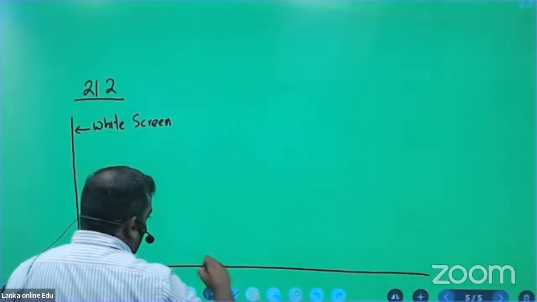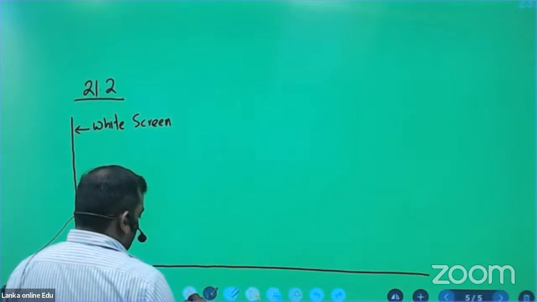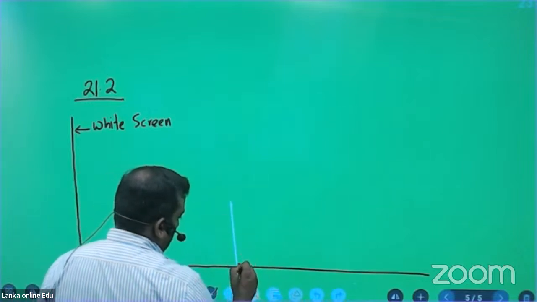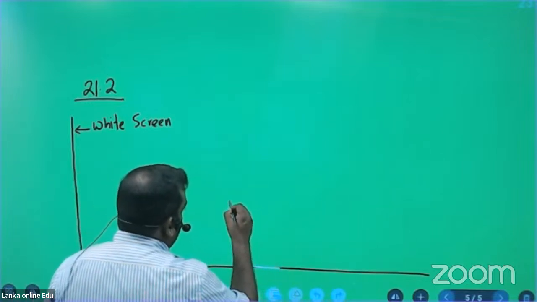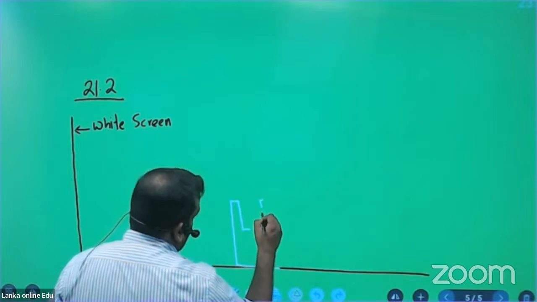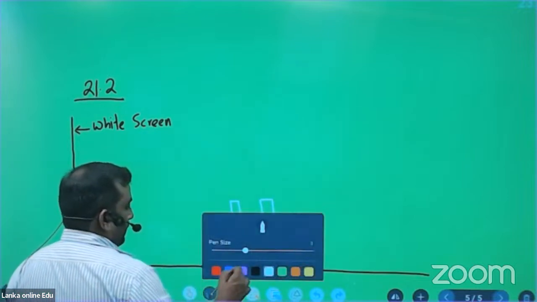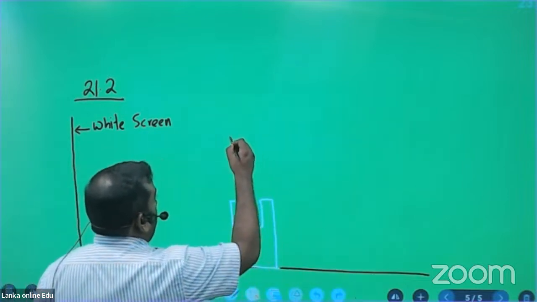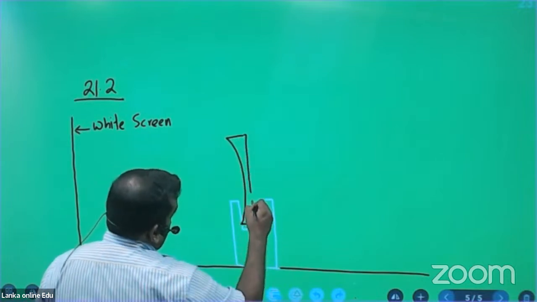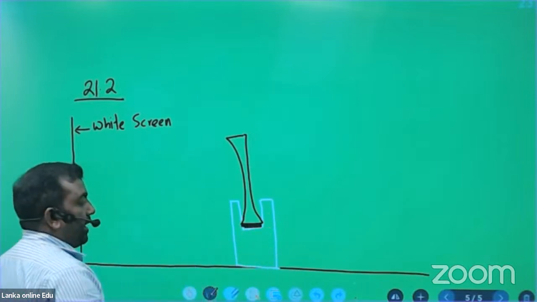You make a chalk mark, and we have a stand. On this stand, we have a concave lens.